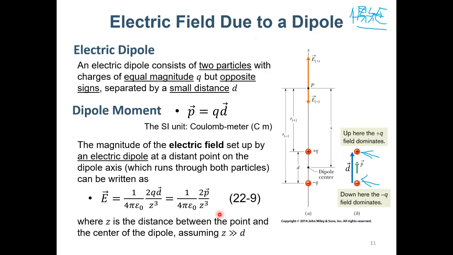And also we need to assume that this z, the distance between the point you concern and the center of the dipole, is much larger than the distance between the two charged particles.